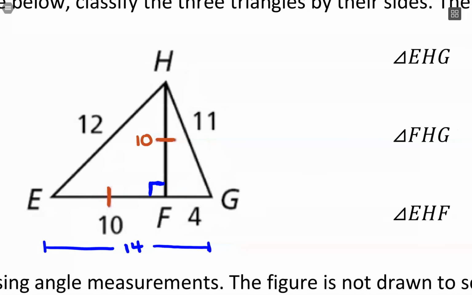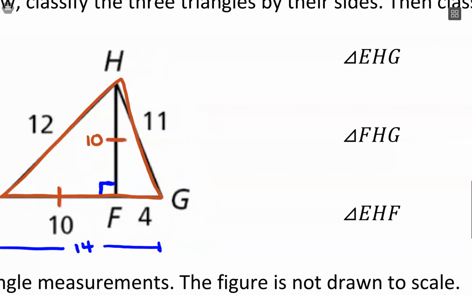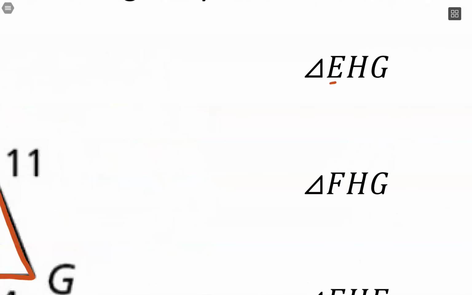So EHG. We're going to focus on E to H, H to G, and back to E. Our notation here: every triangle is going to be made up of 3 points, and this notation just tells you that you're looking at a triangle. We looked at angle notation, and if it said angle EHG, that would be something very different from what we're looking at.